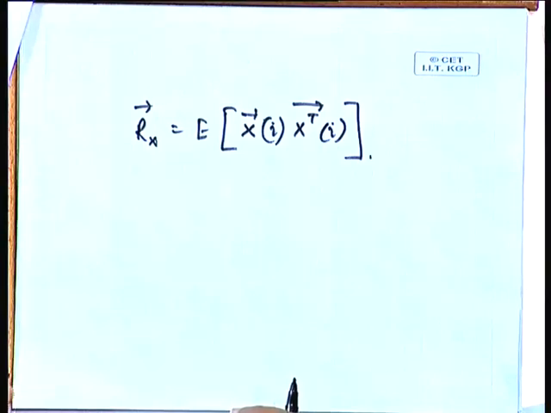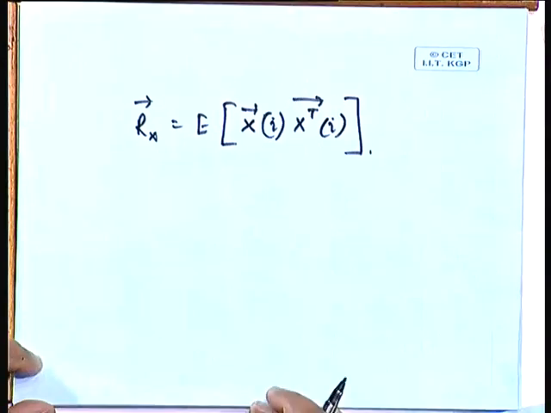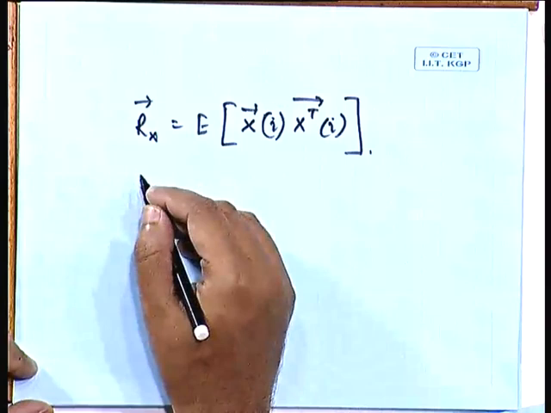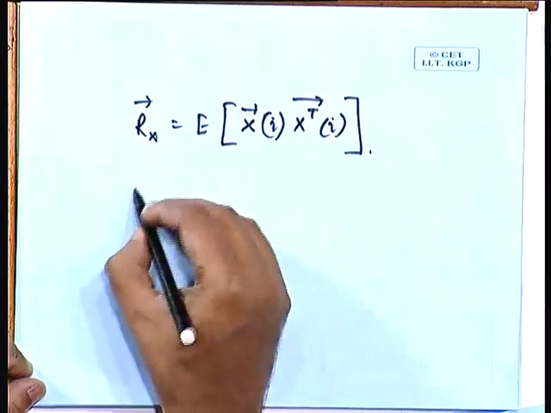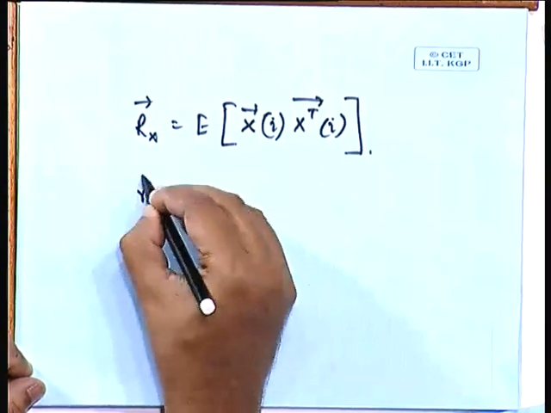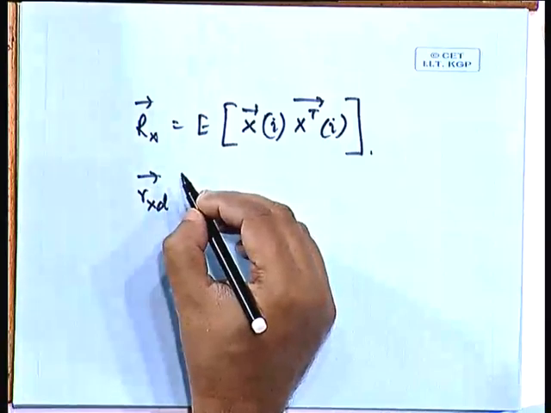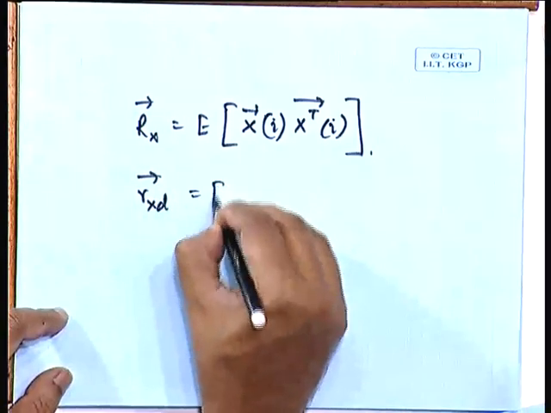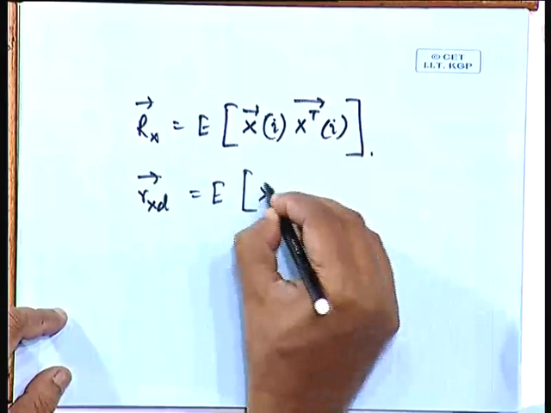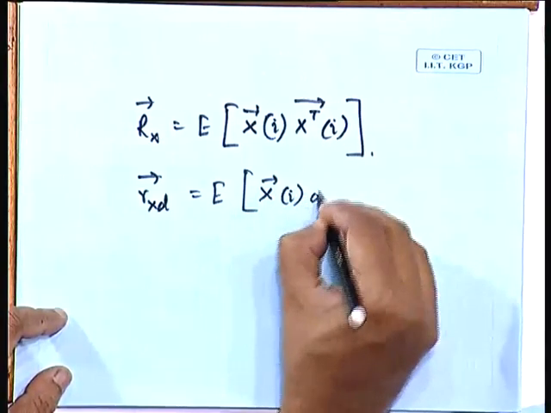So, this is the expectation of xi x transpose, the correlation matrix. And Rxd, the cross correlation vector, is defined as the expectation of xi di.